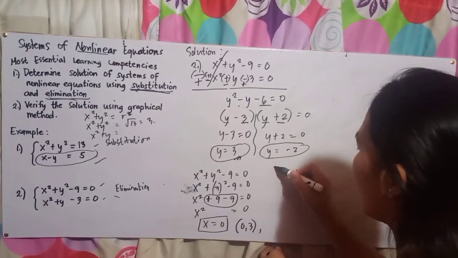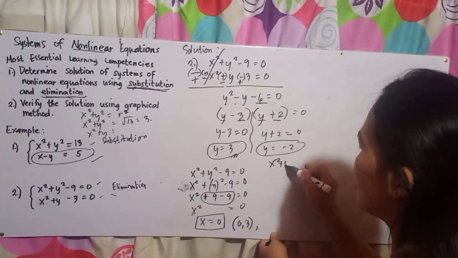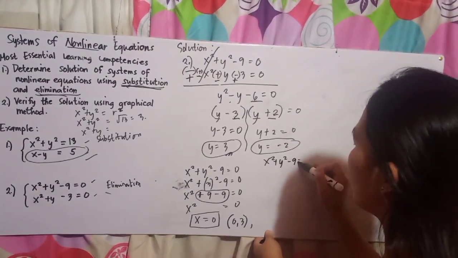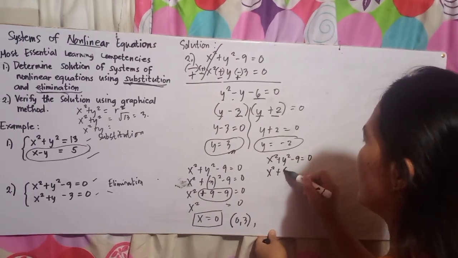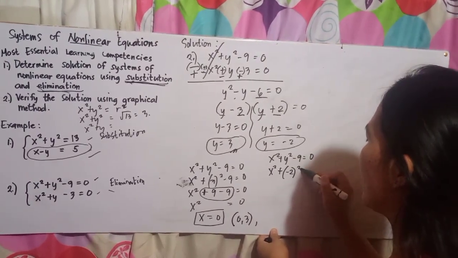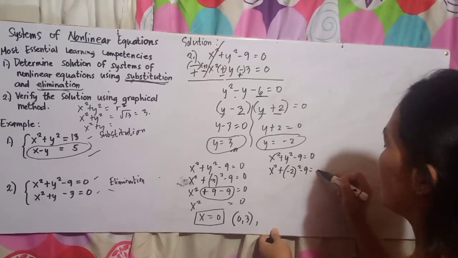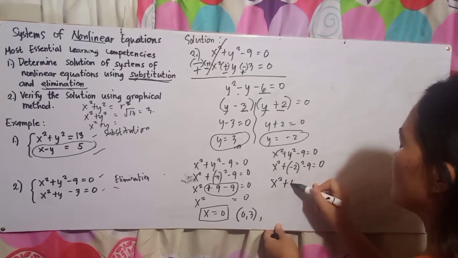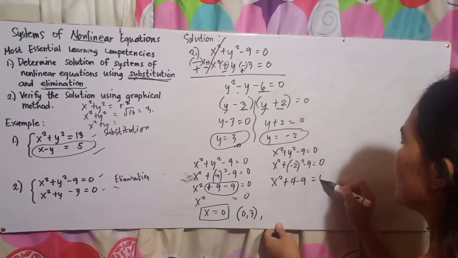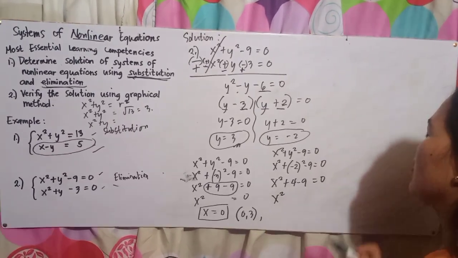So ang isa, x squared plus y squared minus 9 equals 0. So x squared plus negative 2 squared minus 9 equals 0. So x squared plus 4 minus 9 equals 0. X squared, pila answer?